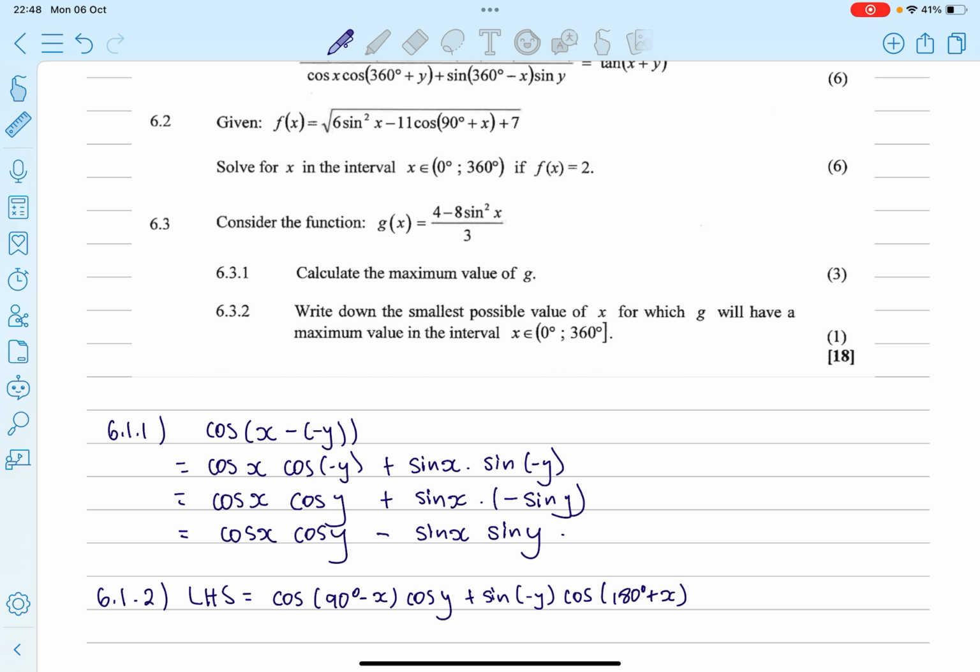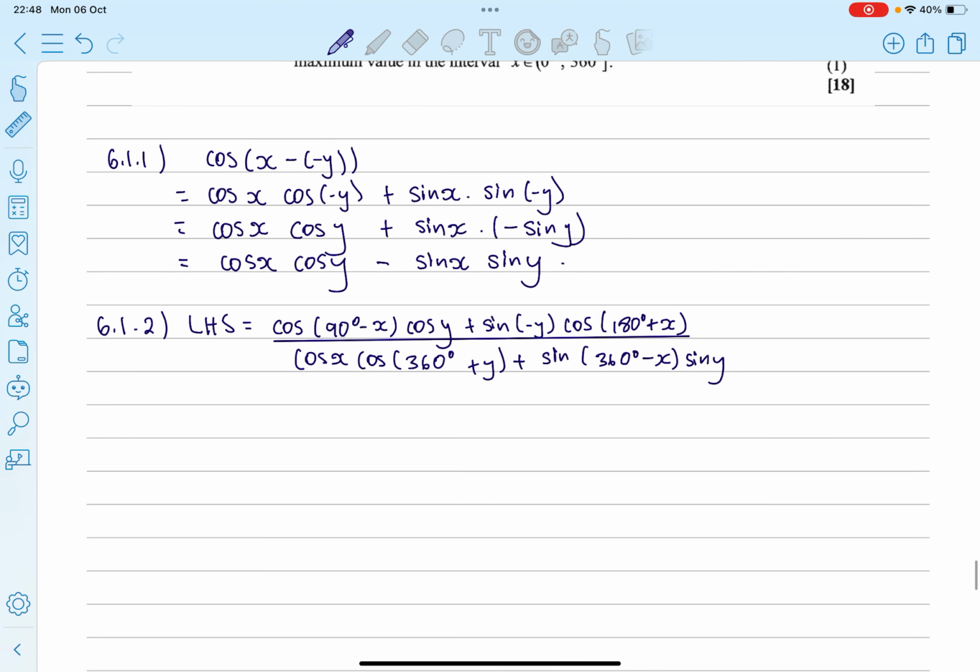And in the denominator, we have got cos x cos 360 degrees plus y plus sine 360 degrees minus x sine y.